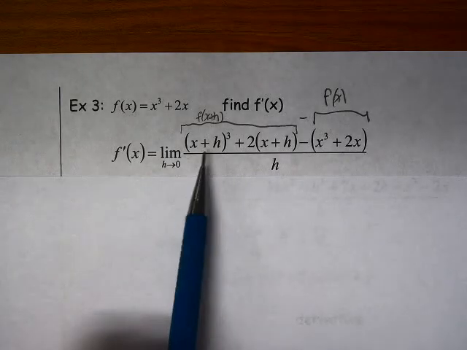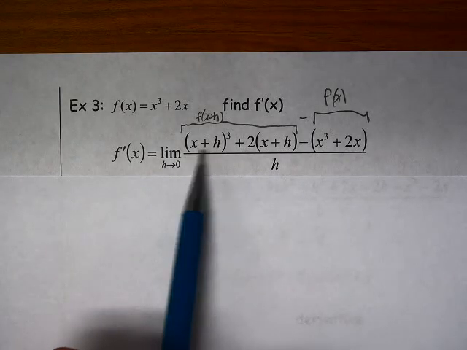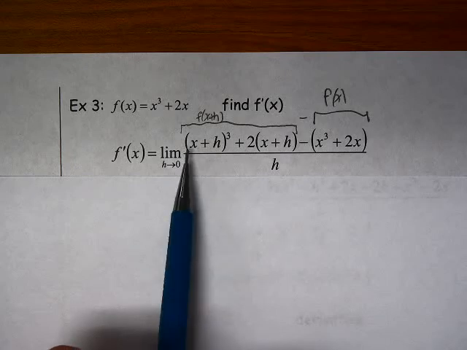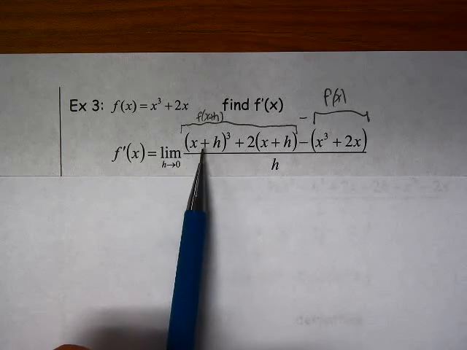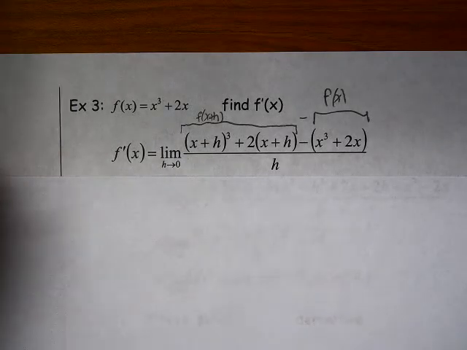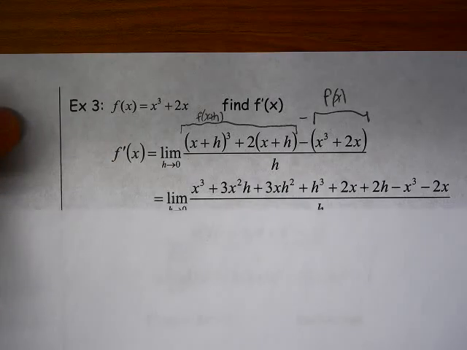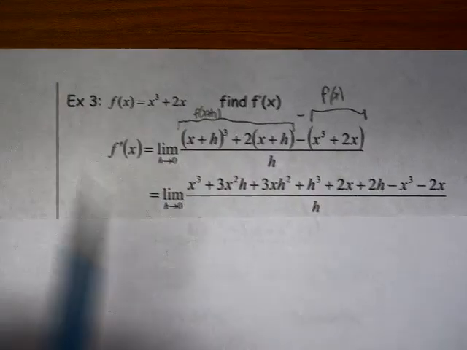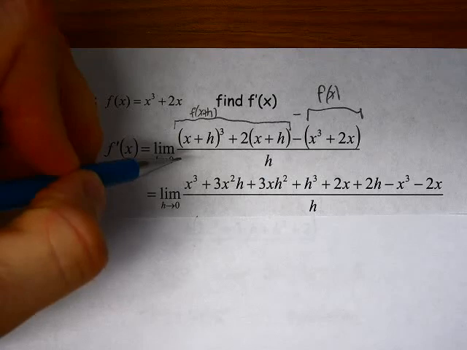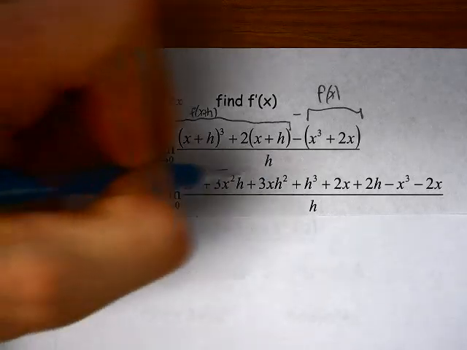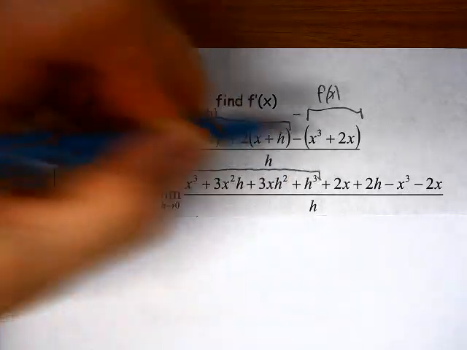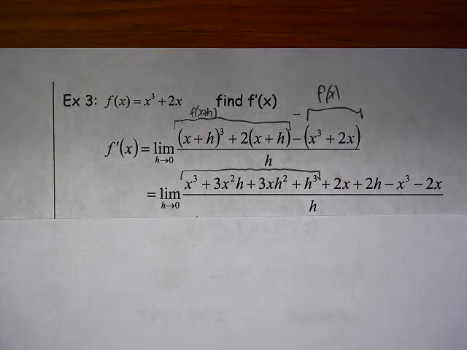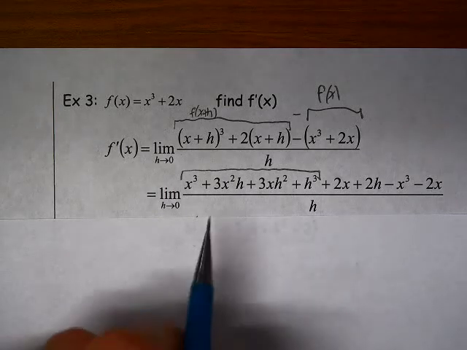Alright, so if you don't remember Pascal's triangle or the pattern that cubing a binomial has, this can be some work. But I promise once you do it once, you'll remember it. The coefficients, so that x plus h cubed is this term right here, or those 4 terms.